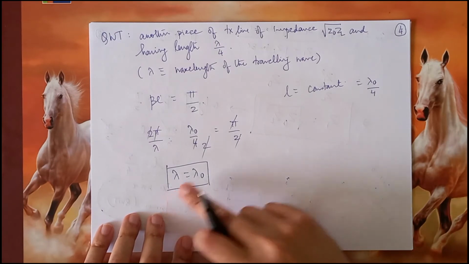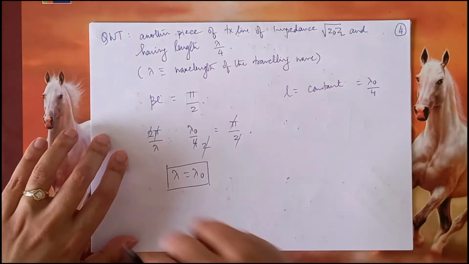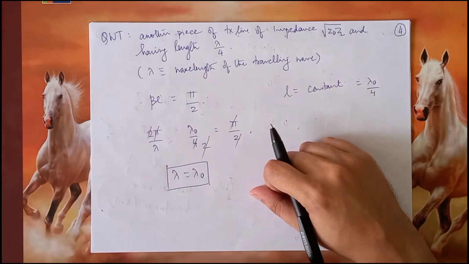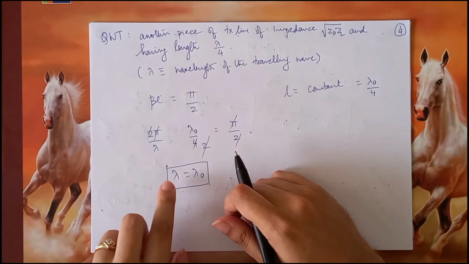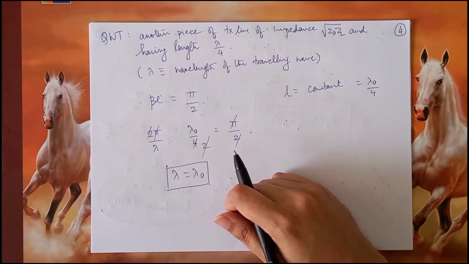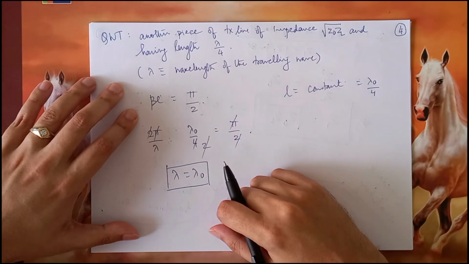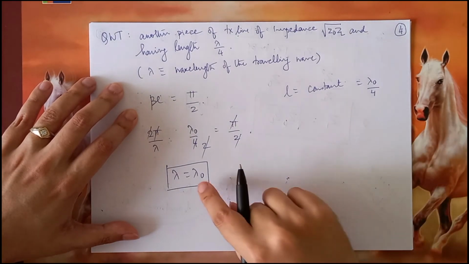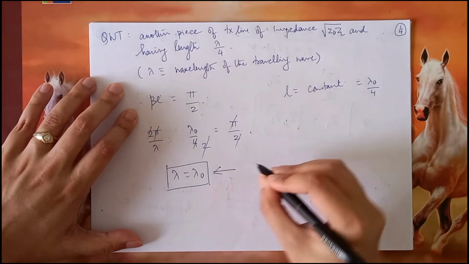That means, if you look at this conversely, this QWT will be able to match only in the case when the physical length of the line corresponds to the single wavelength of a signal that is being carried. That means it will be able to match the impedance only for a wave of a unique wavelength, that is lambda 0.